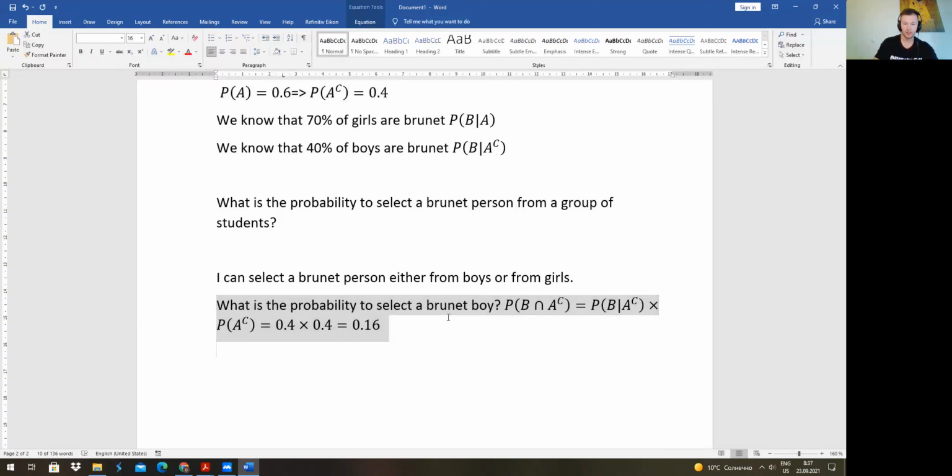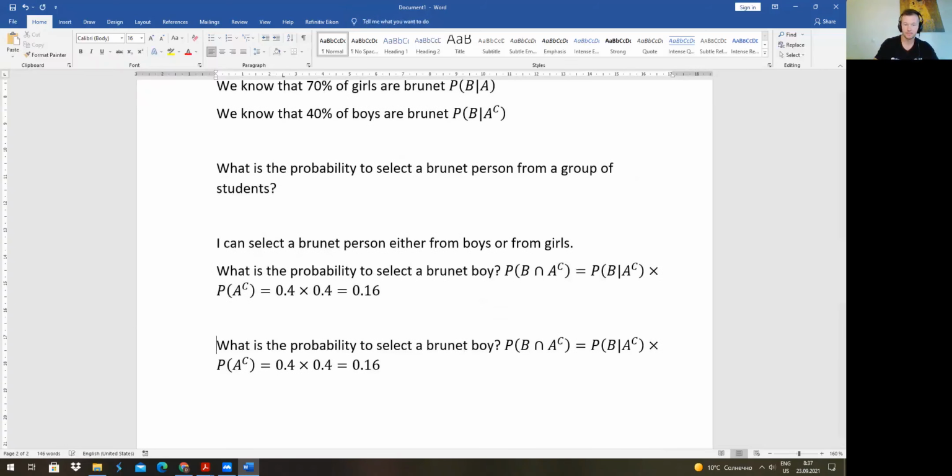Now, what is the probability to select a brunette girl? This is B intersection A, and this is the conditional probability of B given A times the probability of A. Now I know that 70% of girls are brunette, and out of all students I have 60% girls. So the result is 0.42.